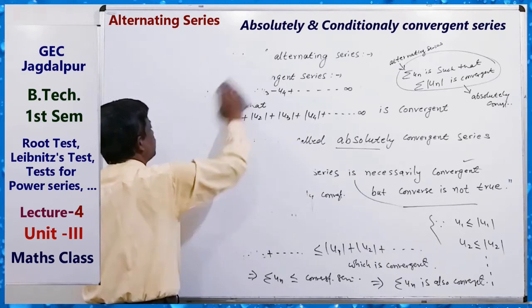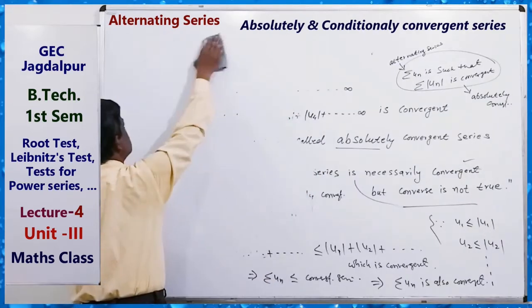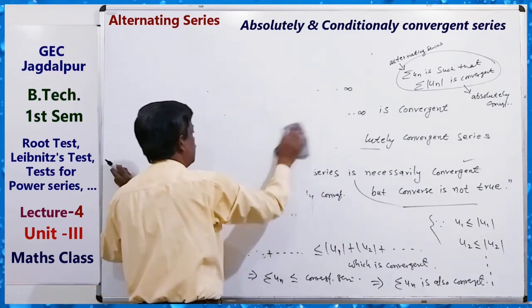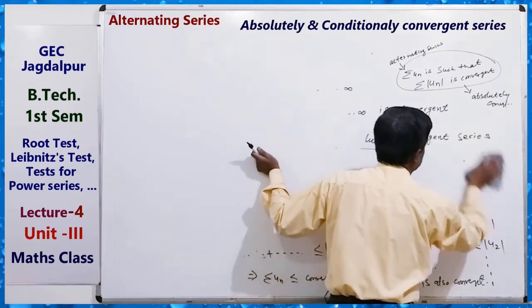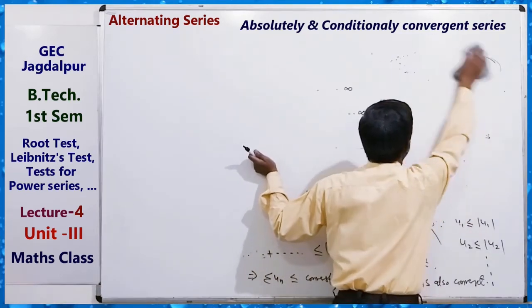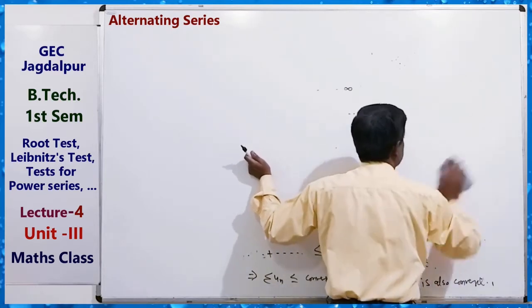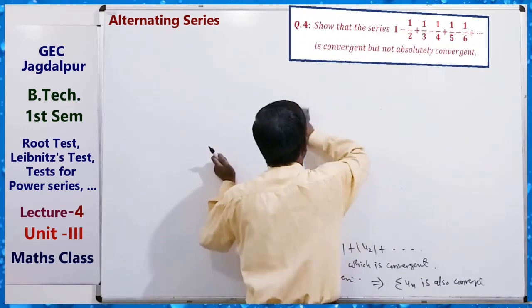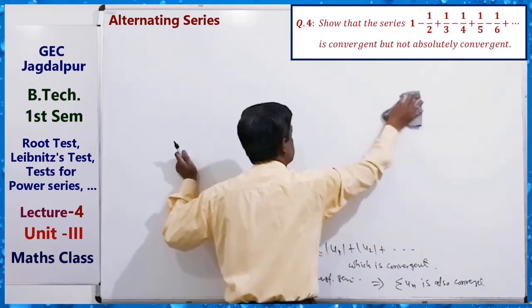So these are the discussions about conditional convergence and absolute convergence. Every absolutely convergent series is also convergent, but the converse is not true. So remember this when determining convergence and divergence of alternating series.